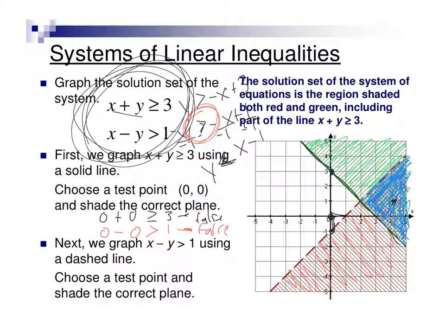You can test it out. 4 plus 1 is greater than or equal to 3. Well, 5 is greater than 3. That's true. 4 minus 1 is greater than 1. Well, 4 minus 1 is 3, and 3 is greater than 1. Yes, it checks off for both. So this entire area is our answer area.